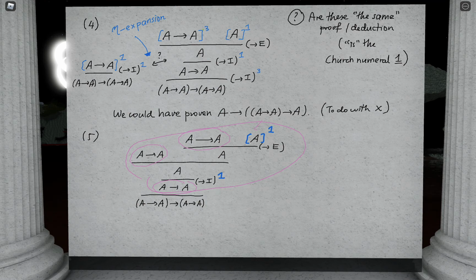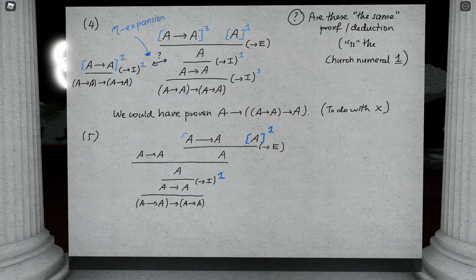Now, I'm going to put in an introduction rule, which from the proof of A implies A on the two hypotheses, which are also A implies A, we'll get a proof of A implies A implies A implies A. But I can discharge one, none, or both of those hypotheses. If I want to immediately be finished, that is, have a deduction with no undischarged hypotheses, well, then I should do both.